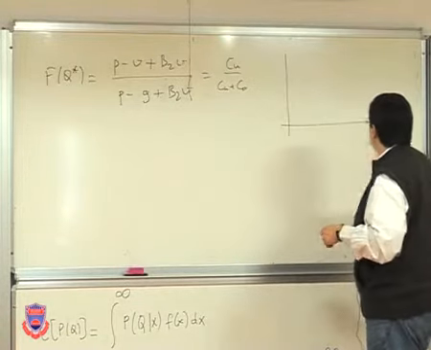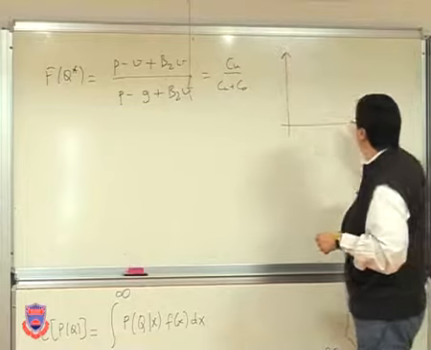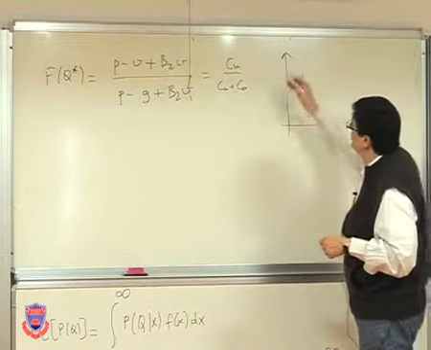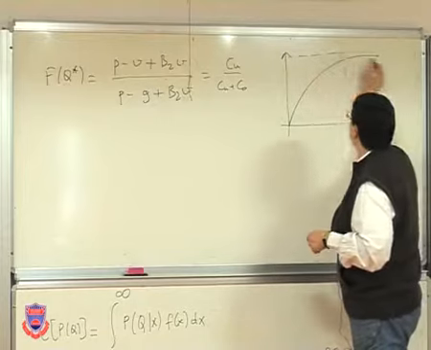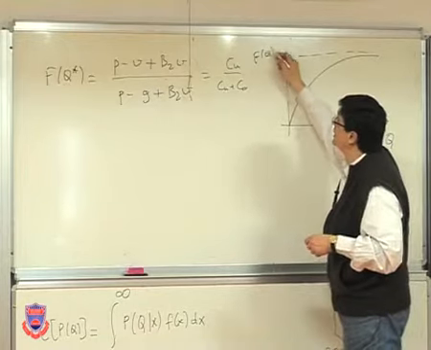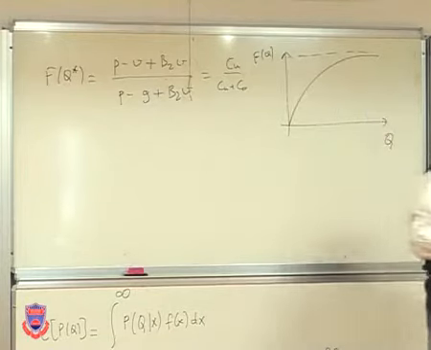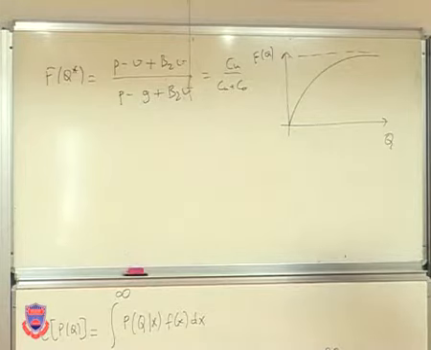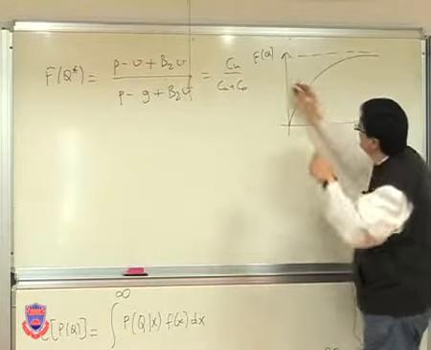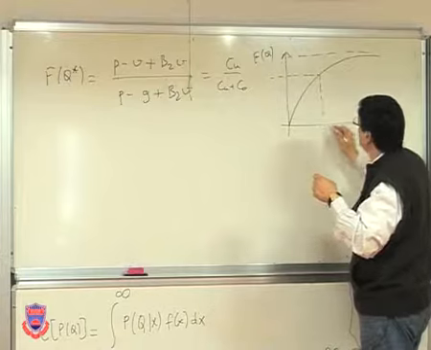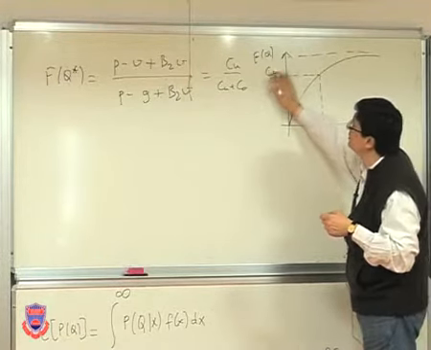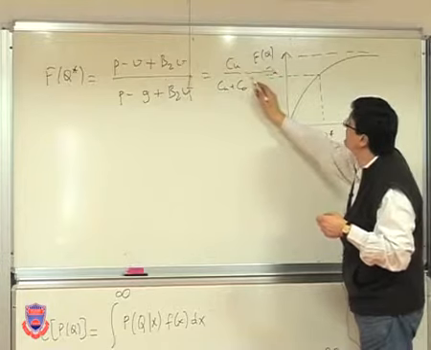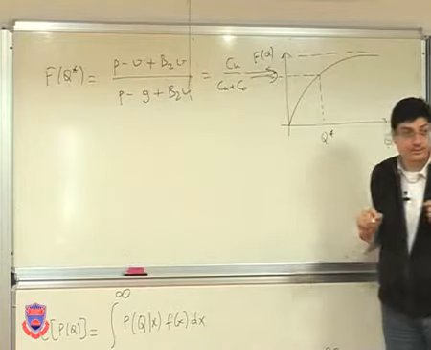Okay. So this is basically the solution. Now, the way that we are going to interpret this solution is as follows. So here, let us draw the F of Q function. F of Q is actually a cumulative probability function. So what we are doing is we are stocking up to a level where this function is equal to this specific ratio.